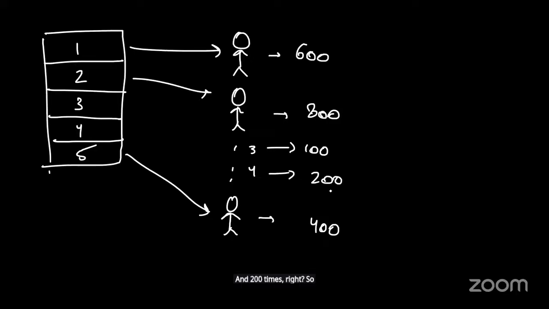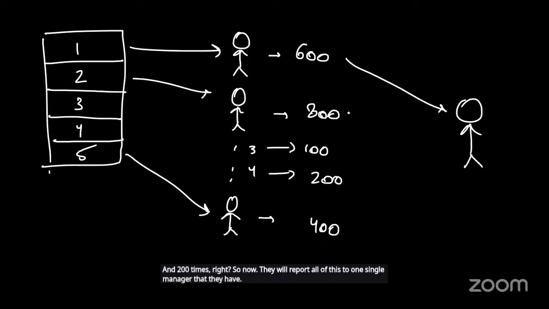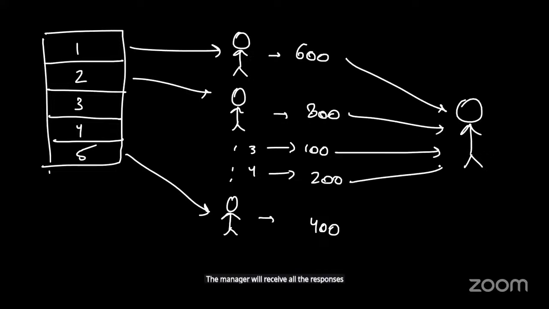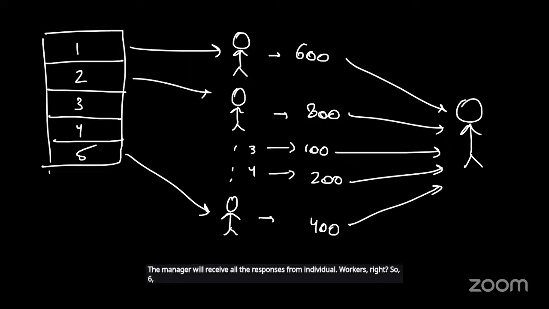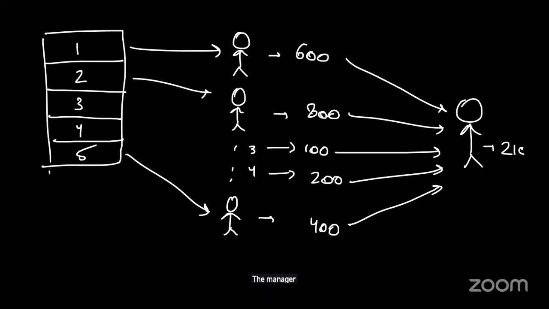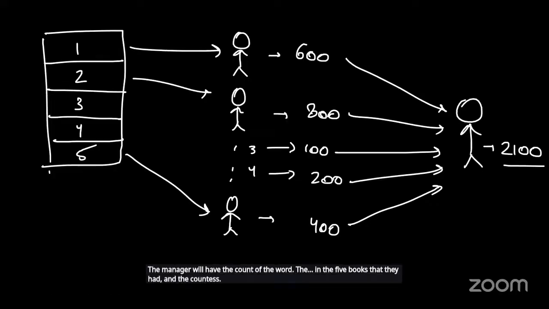So now they will report all of this to one single manager that they have. The manager will receive all the responses from individual workers, right? So 600, 800, 1400, 1500, 1700, and 2100. The manager will have the count of the word in the 5 books that they had, and the count is 2100.